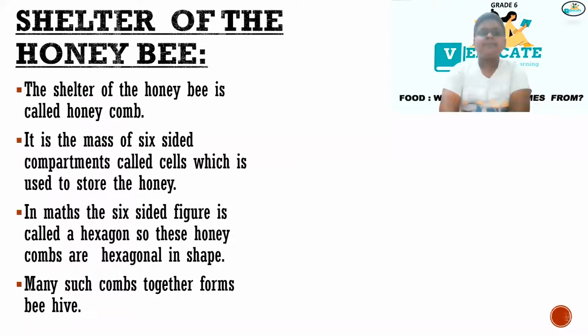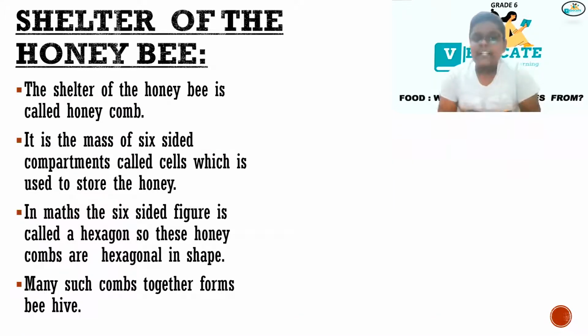In maths, a six-sided figure is called a hexagon, so these honeycombs are hexagonal in shape. Many combs together form a beehive.